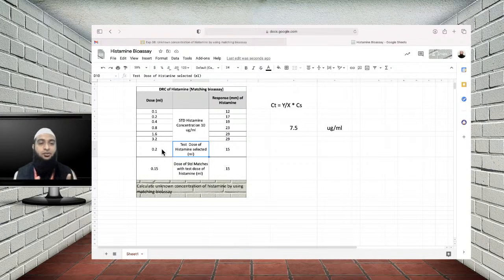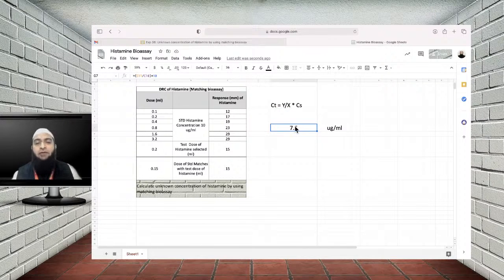So that is the selection of the test dose, which you got as 0.2 ml. Then you match the dose of the standard with the response height of the test dose that you have selected, which is 0.15, and then by using the simple formula, CT is equal to Y by X multiplied by CS, you have calculated the unknown concentration, that is 7.5.